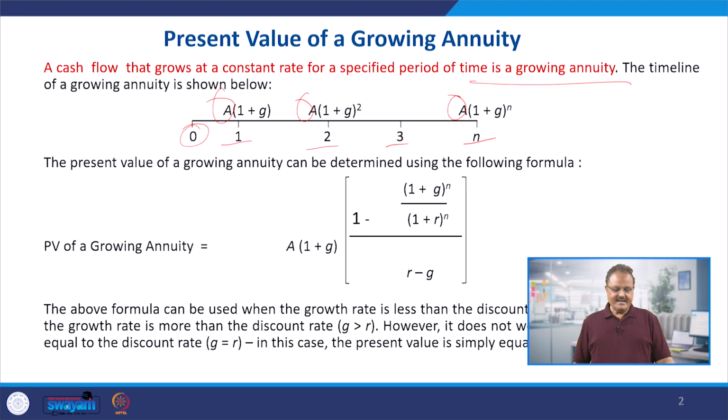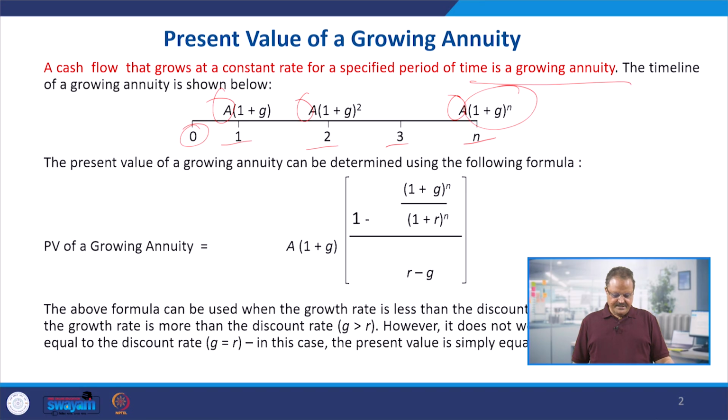So we are multiplying by 1 plus g, 1 plus g power 2, and it goes up to 1 plus g power n over the n years. When a specific sum of money keeps on coming to us, that is an annuity, and when it also grows at a constant rate for the given period of time, it is called the growing annuity.